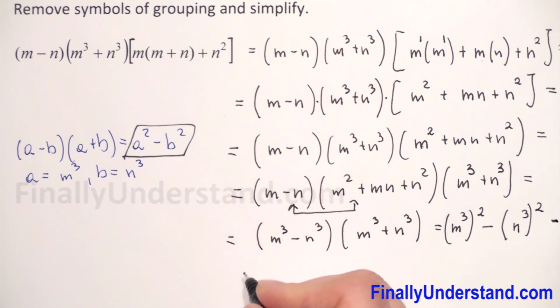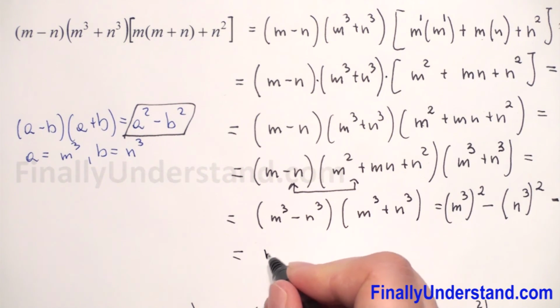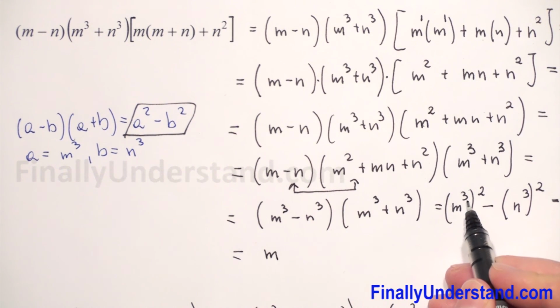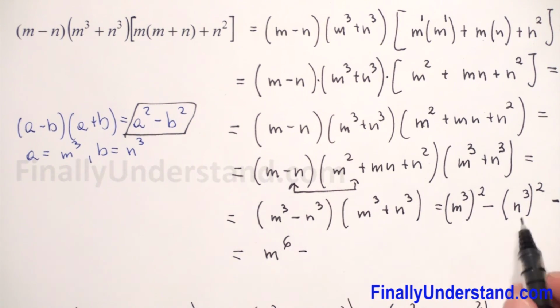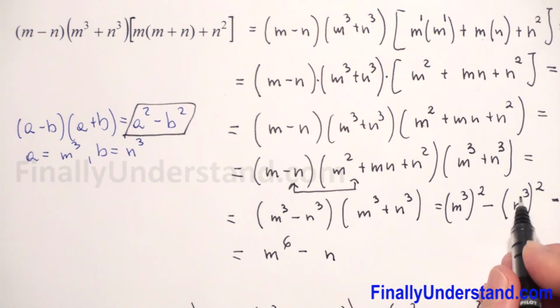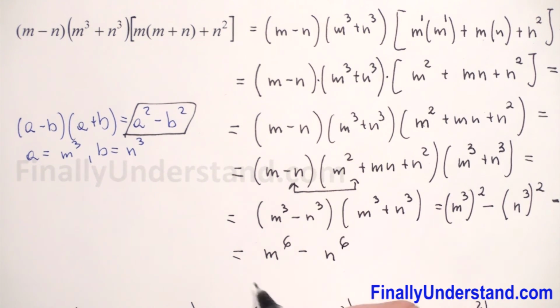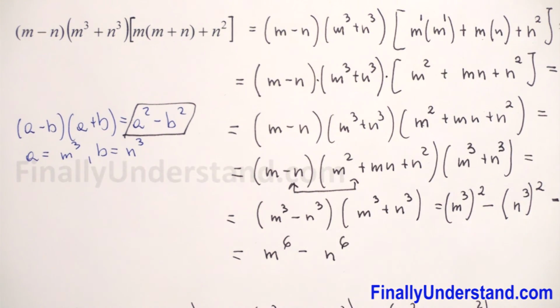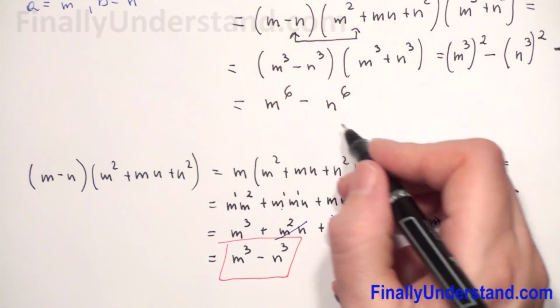So this is equal, power to power, so we have to copy the base and we have to multiply the exponents. 3 times 2 is 6. The negative sign we have to rewrite and again copy the base, power to power, so we have to multiply. 3 times 2 is 6. We have different terms, we cannot do anything here now. So this is my solution.